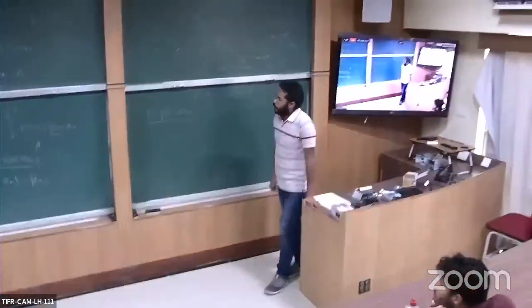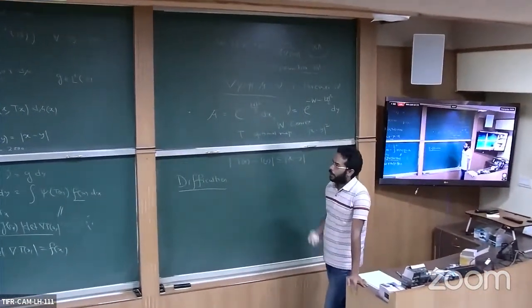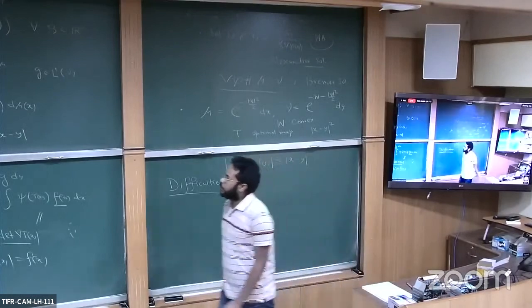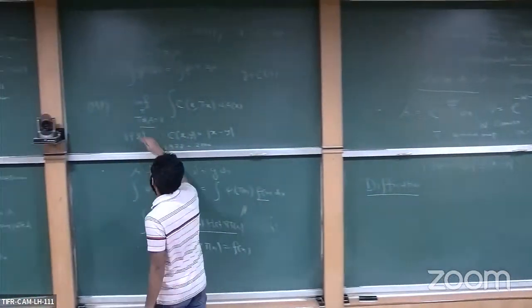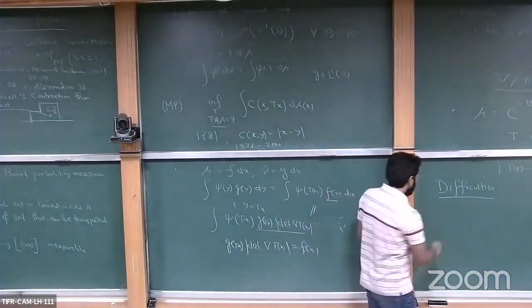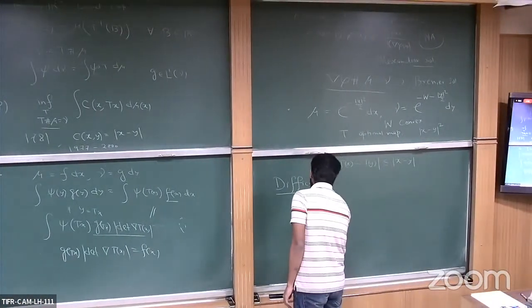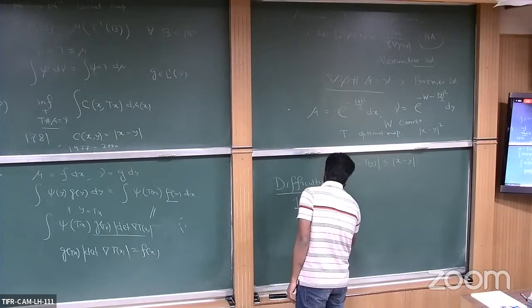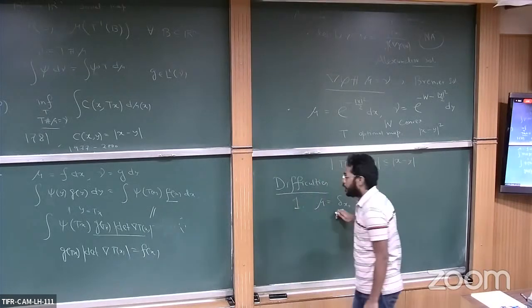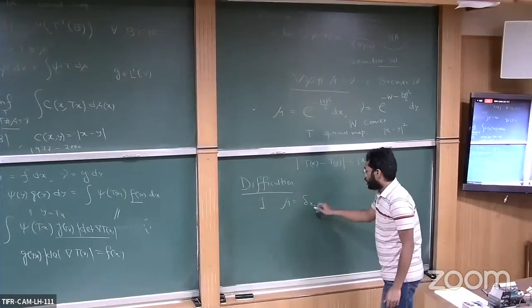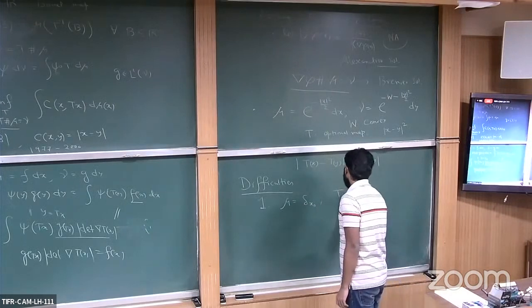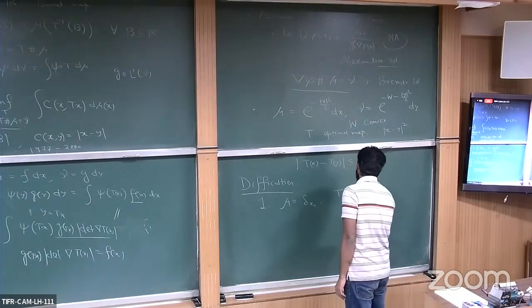In general, given arbitrary measures mu and nu, there may not be even a map. For example, the easy one is the Dirac mass. Suppose mu is the Dirac mass located at any point x naught, and T is any map.